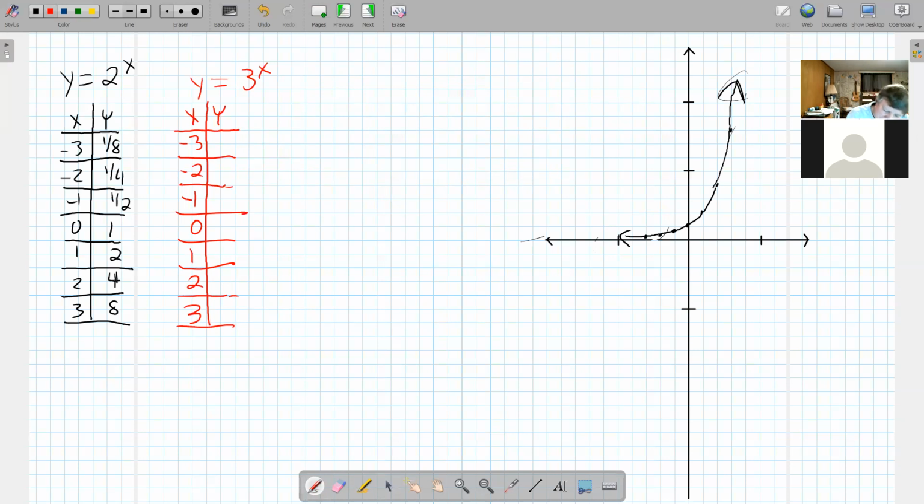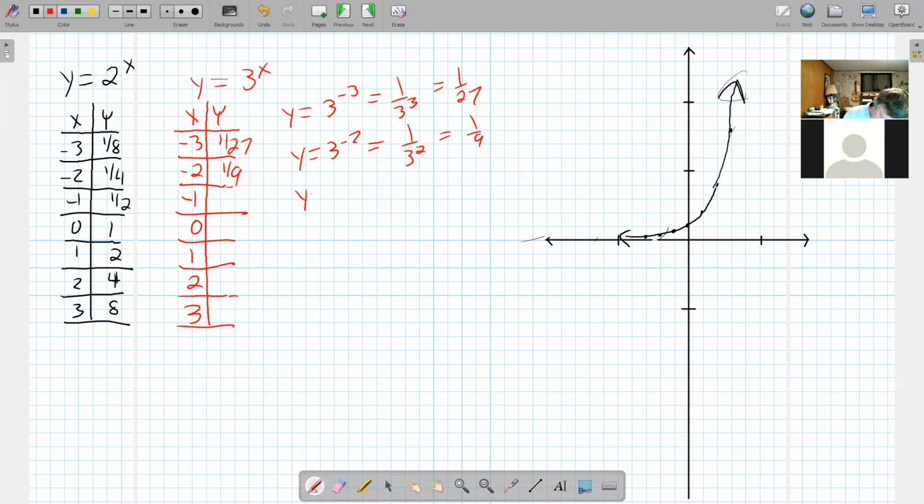If x is -3, y equals 3 to the -3 power, which is 1 over 3 to the +3 power, which is 1 over 27. If x is -2, y equals 3 to the -2 power, which is 1 over 3 squared, which is 1/9.